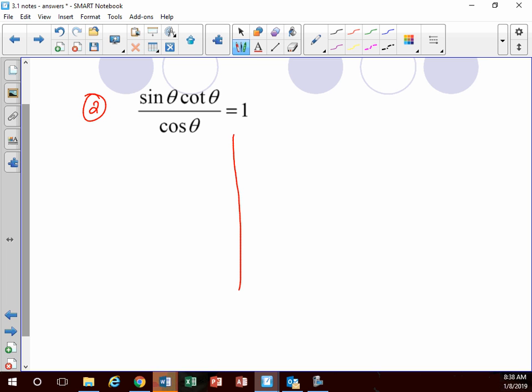Can you substitute for cotangent? So that's what's fun. I just like split this with bars.